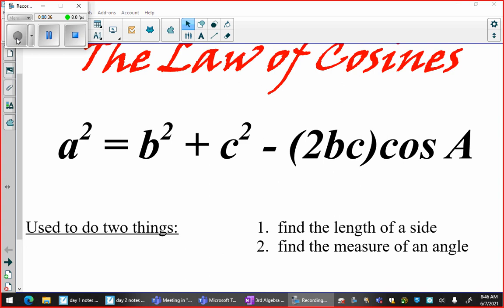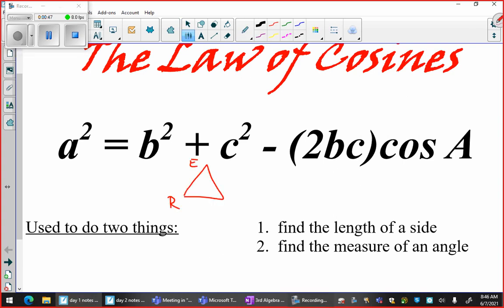Now, here's the thing. Not every triangle we use is going to have A, B, and C. For example, I could give you triangle RED. It's not A, B, and C, so the formula will only match maybe 1 out of 10 times.